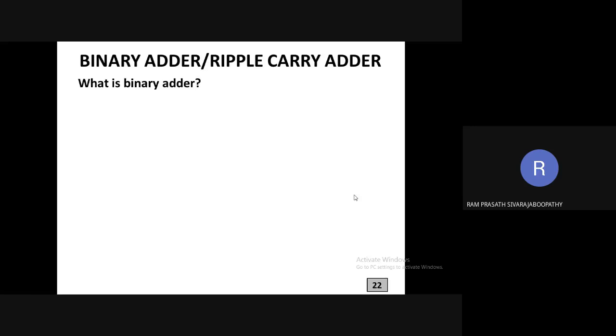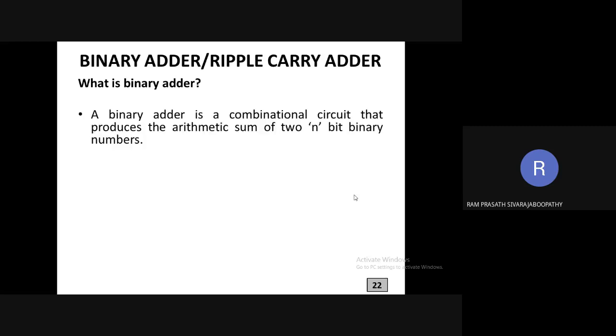Already we know. What is a binary adder? It is just a digital circuit which is used to add n-bit numbers. A binary adder is a combinational circuit that produces the arithmetic sum of 2 n-bit numbers. That's it. It consists of n full adders connected in cascade.